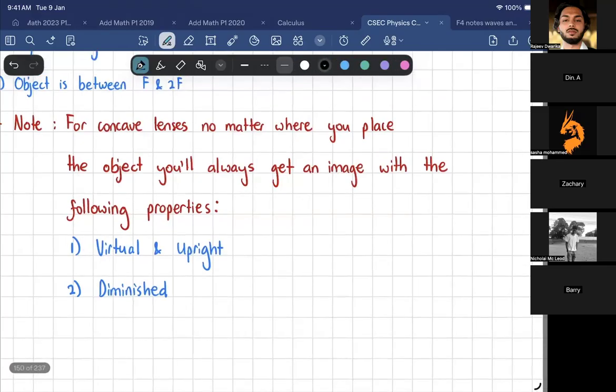All right. So a virtual image is just simply an image formed behind the lens.